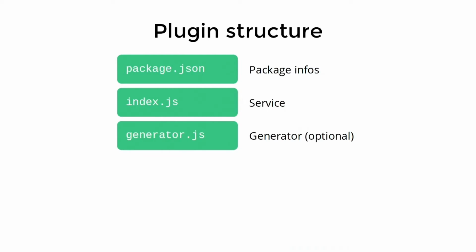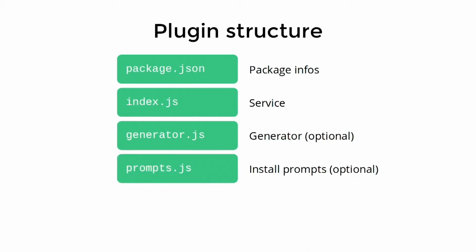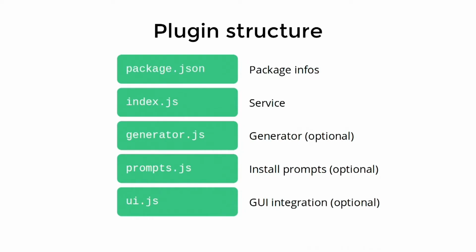And then you have a few optional files like the generator file, which is able to, for example, create new files. We go back to this a bit later. There's also a possibility to ask questions to the user with this prompts file, and also integrate with the graphical user interface of Vue CLI with this UI file.